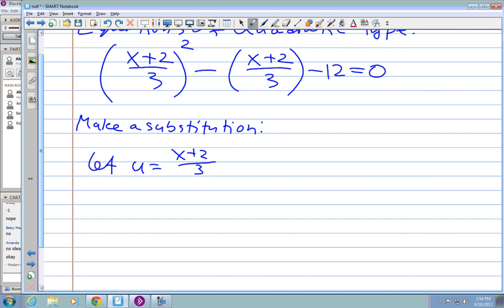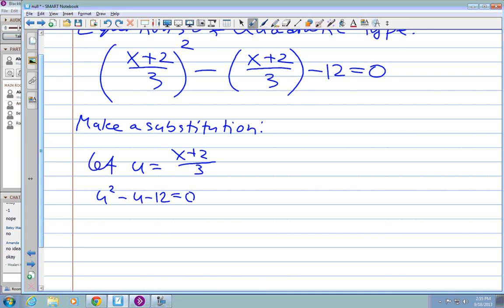I'm going to replace every (x plus 2) over 3 that I see in that equation with this new letter u. So if I do that, I'll get u squared minus u minus 12 equals 0. So I'm replacing a very complicated term with a single letter. And now this thing looks quadratic, doesn't it?